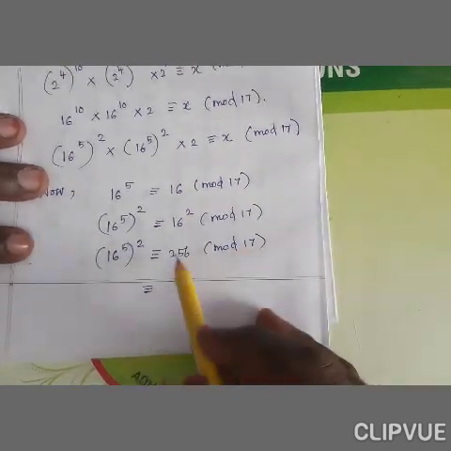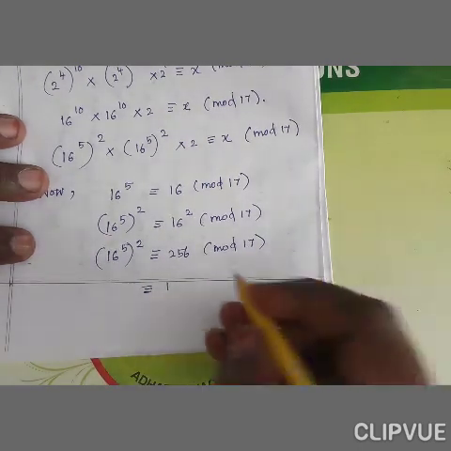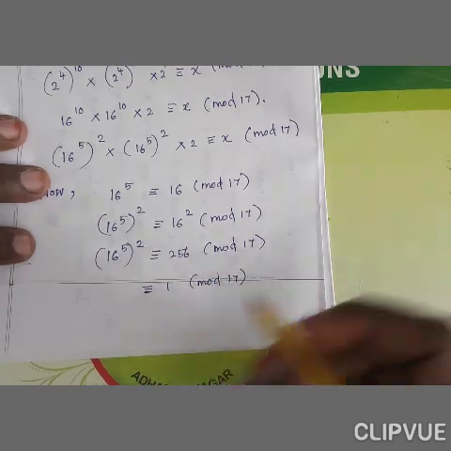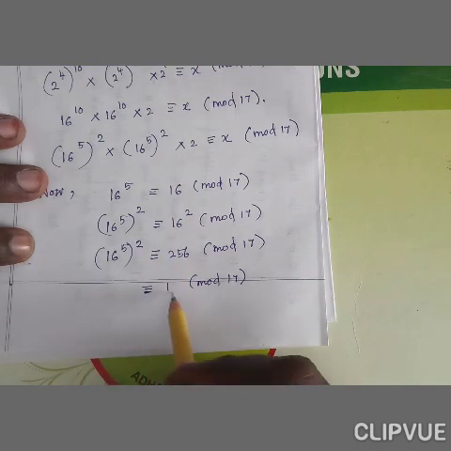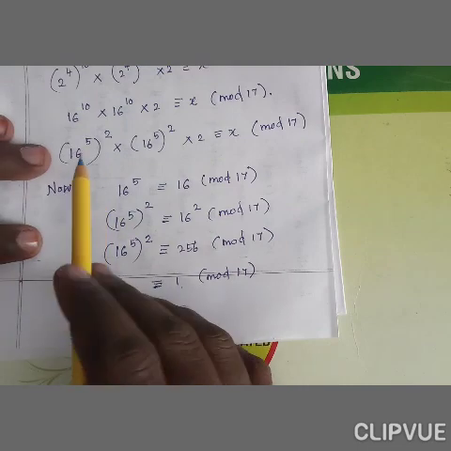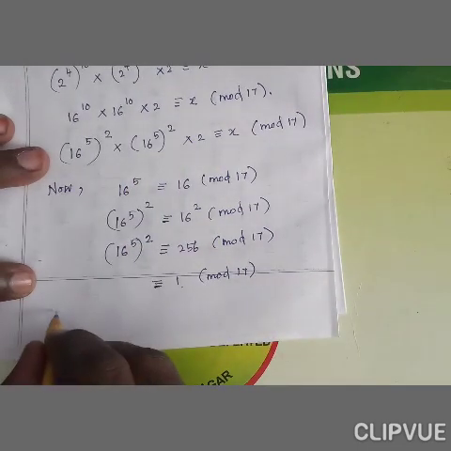When you divide 256 by 17, it leaves a remainder 1. So 16 power 5 whole square is congruent to 1 mod 17.